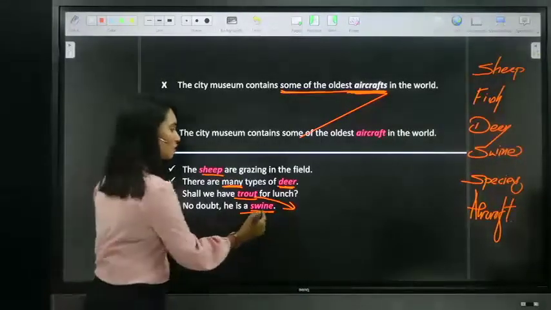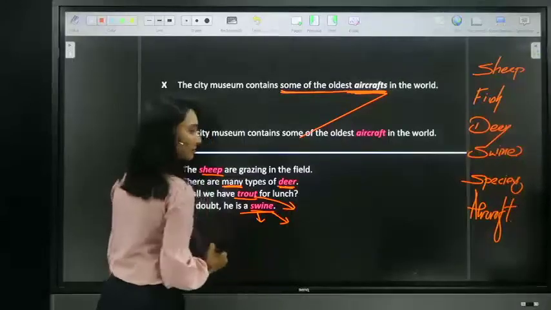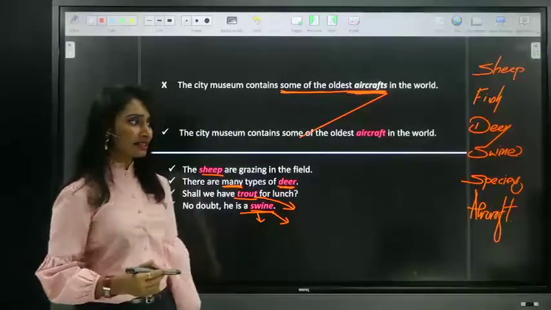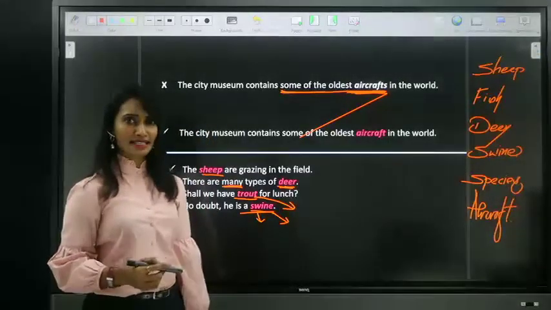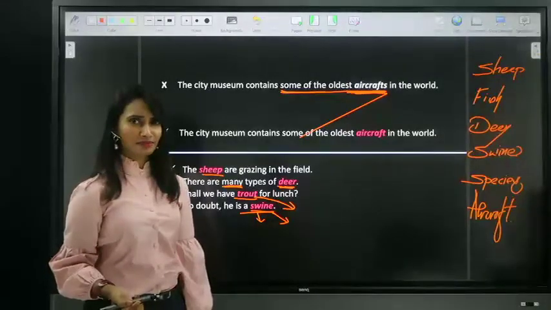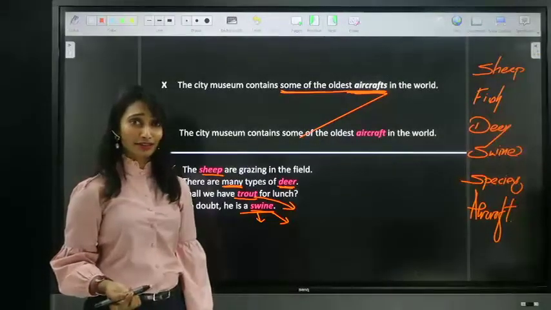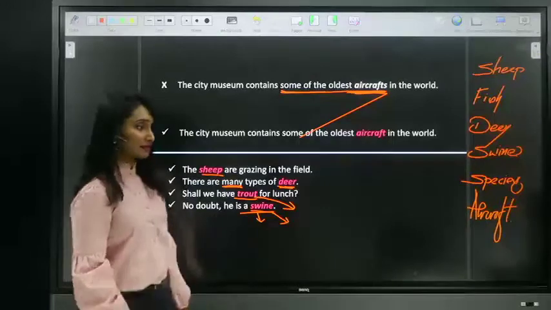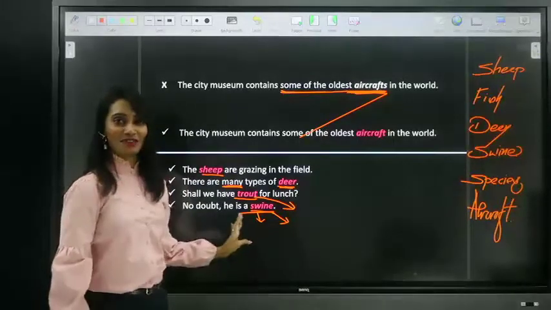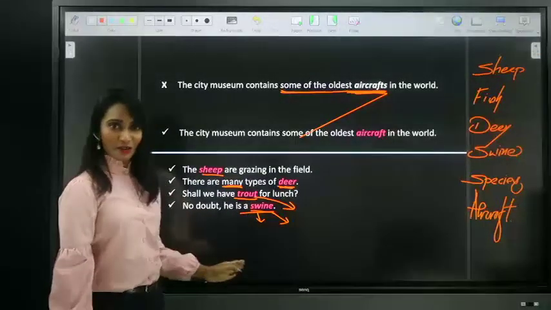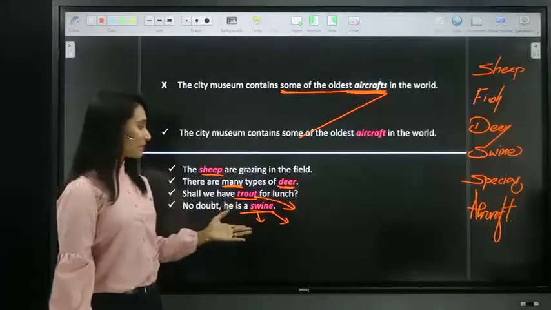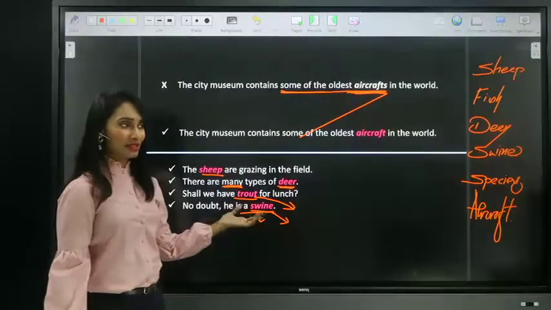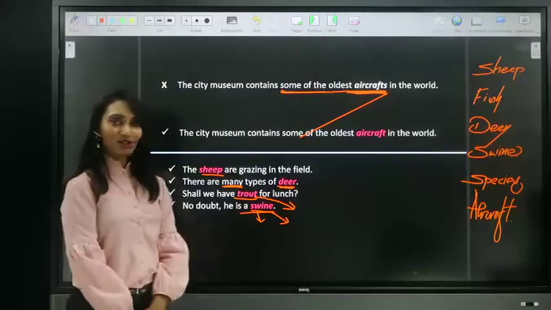By the way, do you know what is meant by swine? What is meant by swine? Can anyone answer this? What is a swine? You know swine flu, right? So what is swine? Because we do not generally use swine for a human being, but here we are rebuking someone by using the word swine. So what is swine?